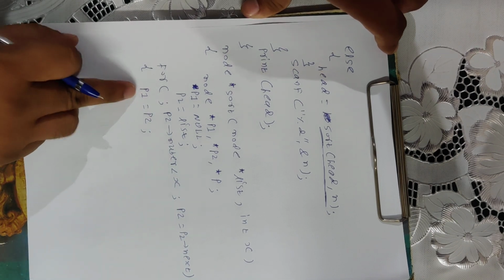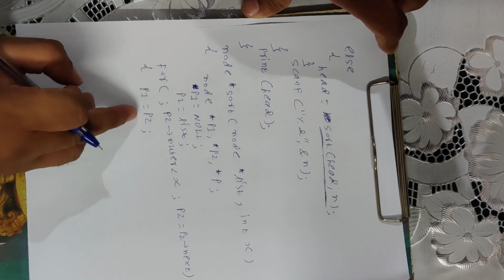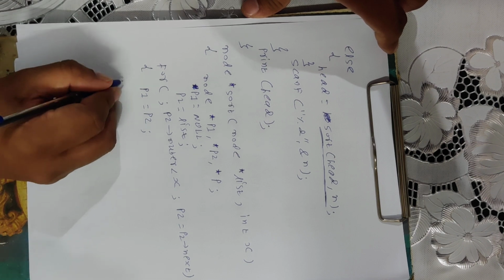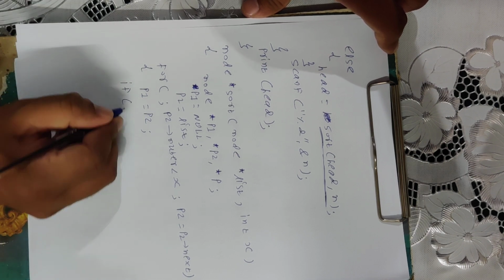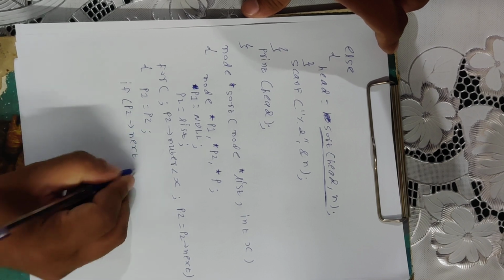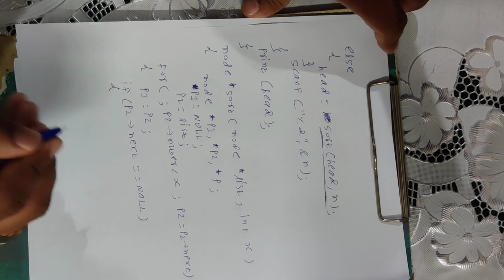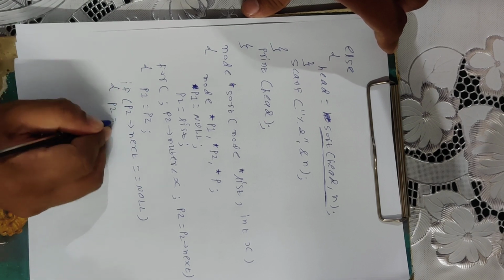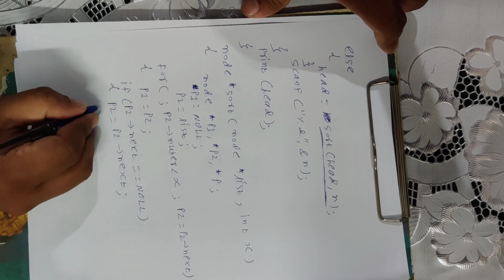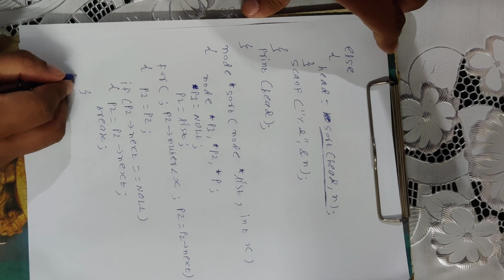I am keeping the location of p2 inside p1, the previous location. After this I am putting one more condition: if p2->next equals NULL, then p2 = p2->next, and at the end I am writing break, so it will terminate the loop.